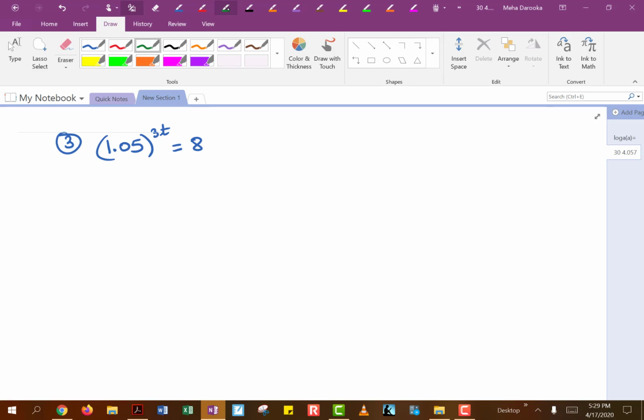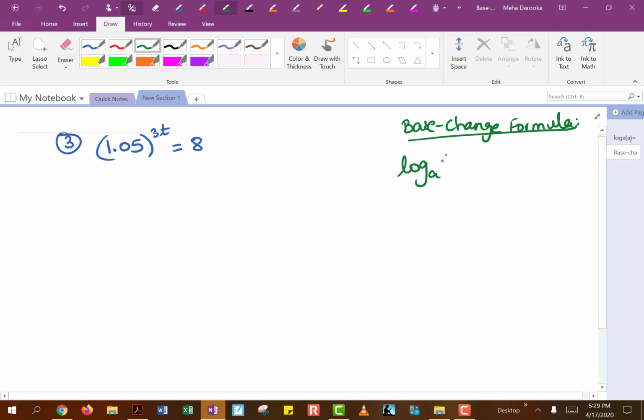So your base change formula is going to be basically, if you have the original function as log of m with base a, you can write this.